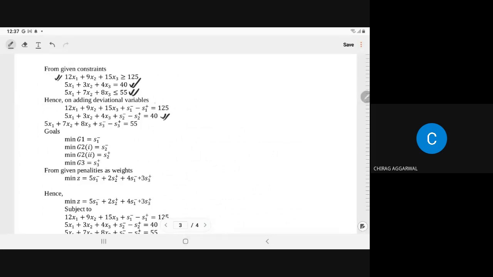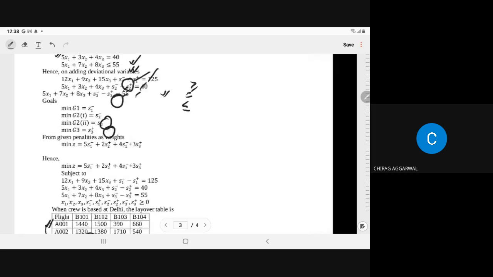Then we have added the deviational variables, and always we have to minimize the deviational variables. In this case, the constraint is of greater than type, so we minimize one; because the constraint is equal to type, we have to minimize both; and because the constraint is of less than type, we minimize this one.